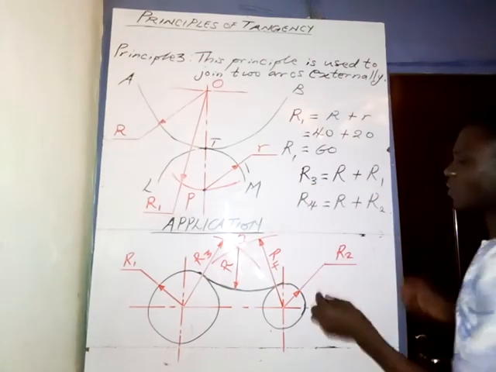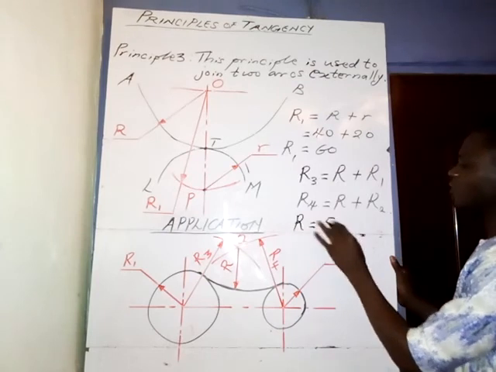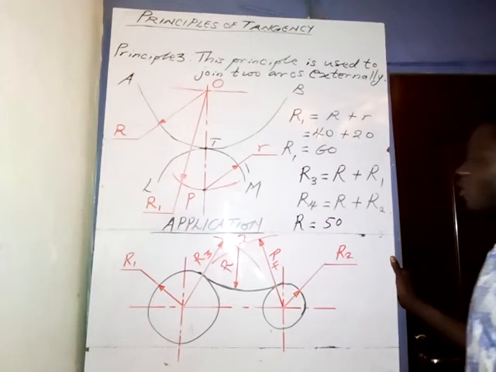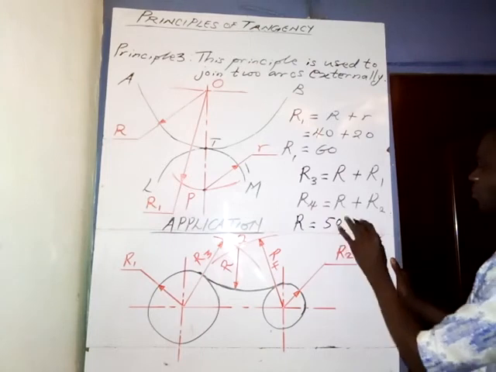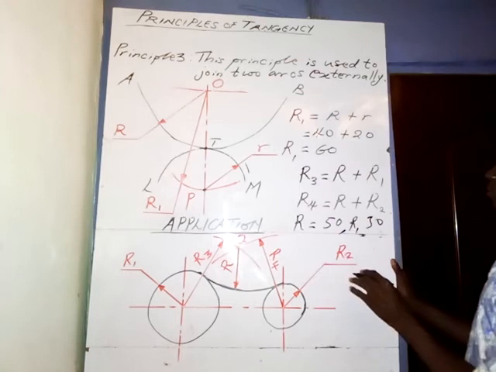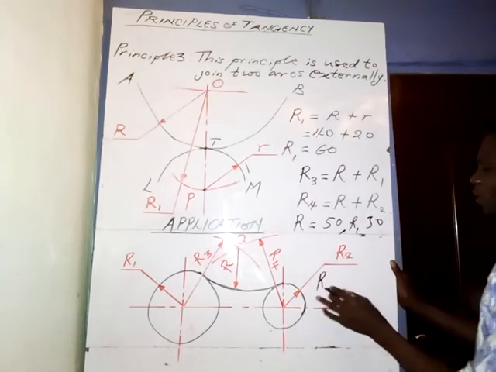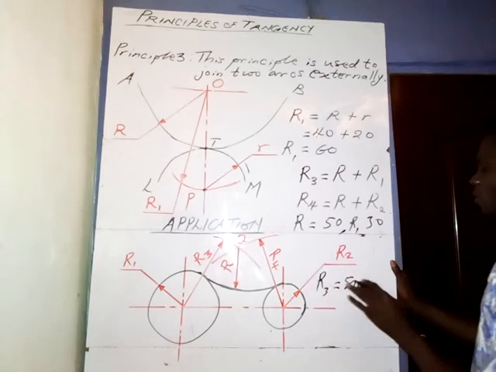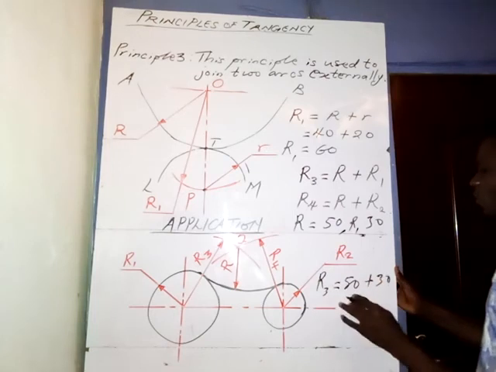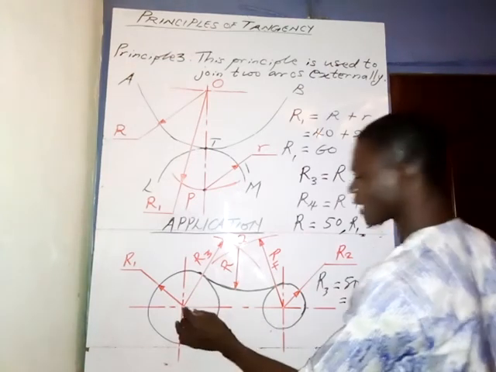Let's assume that R equals 50 and R1 is 30. So R3 will be equal to 50 plus 30, which gives us 80 millimeters. You take these 80 millimeters with your compass.